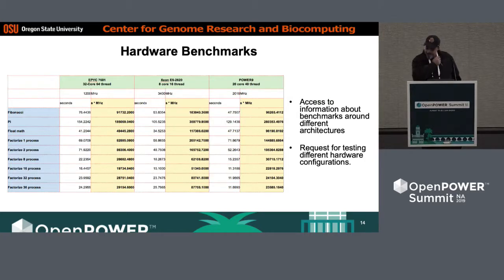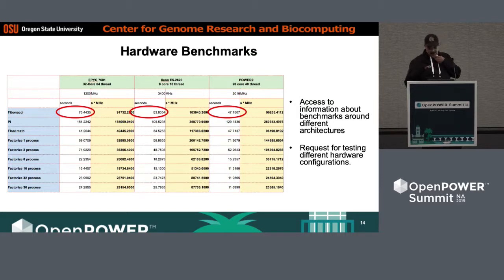Okay, now I have some numbers. We love benchmarks, okay? This is what brings people to the table. We actually tested the EPYC 7601 from AMD. We were the group who got those in front of everybody else. We ran those against a really fast 3400 megahertz Xeon that we had, and we ran that against our Power9.